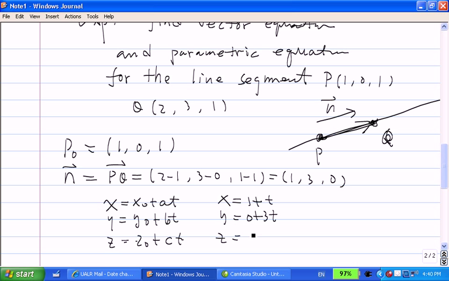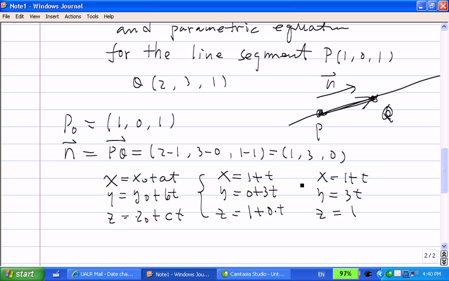Z is z naught, which is 1, plus 0 times t. So this will be your parametric equation. Let me simplify this: x equals 1 plus t, y equals 3t, z equals 1. So we find the parametric equation for this line, for the whole thing. If t goes from negative infinity to positive infinity, it gives you all the points.